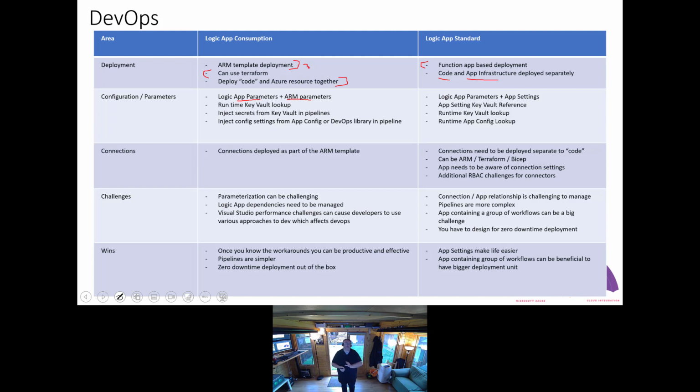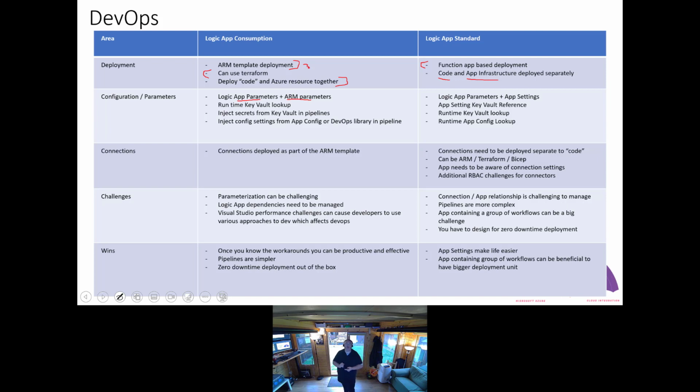An ARM parameter is something where in the deployment, you're going to give it a value that it would use in the deployment itself. Now, what you can do is you can say, this ARM parameter sets a value during the deployment of what value this Logic App parameter would have. So that's a really common pattern, but new people to Logic Apps often get slightly confused by the 2 types of parameters.